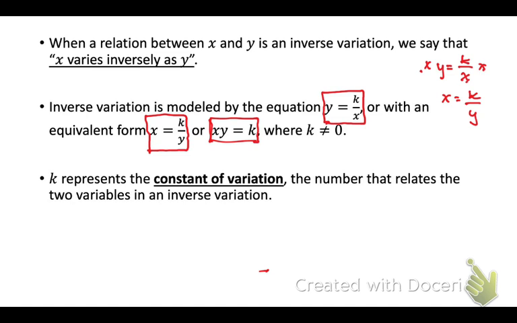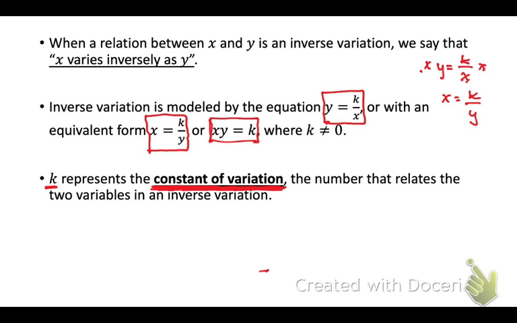K is called the constant of variation. What did we just do on the last 2 slides? What operation did we do? Multiplication. Of what? Inverse variation. What did we multiply? X times y.